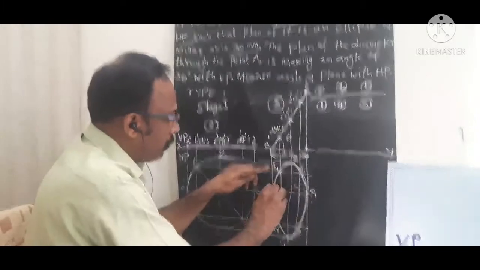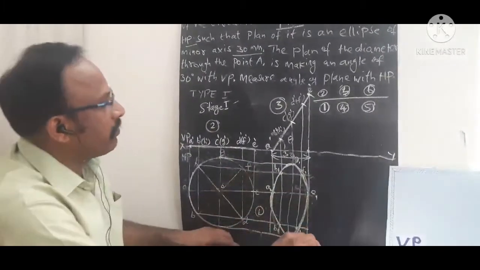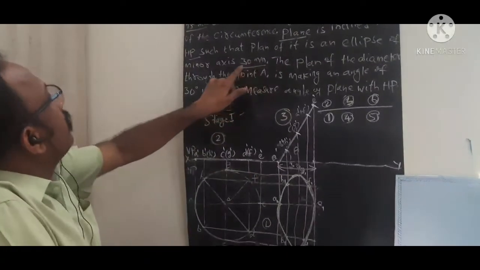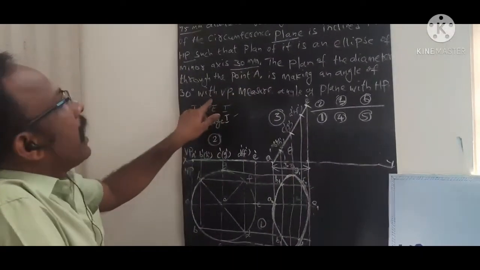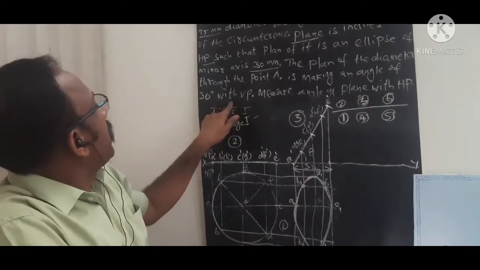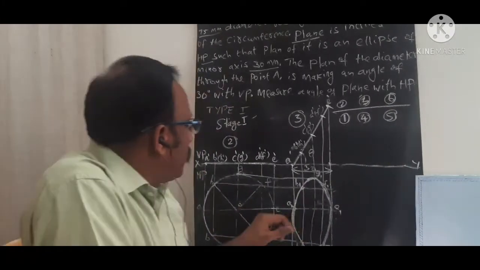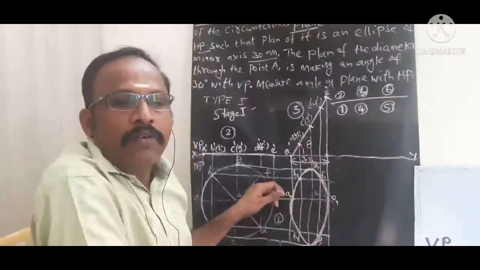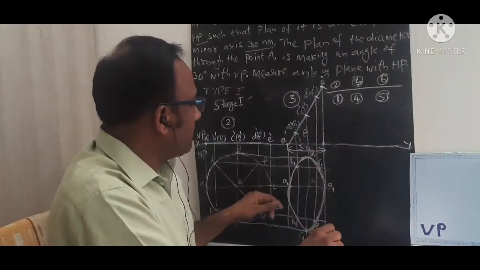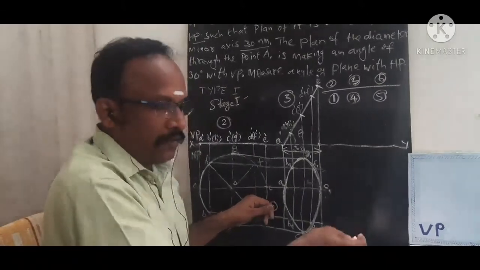You can understand now. So now we proceed to step number 5. For step number 5, what is given? The point A is making an angle of 30 degrees with B. So how are we going to draw this? This point is making 30 degrees with B, right?